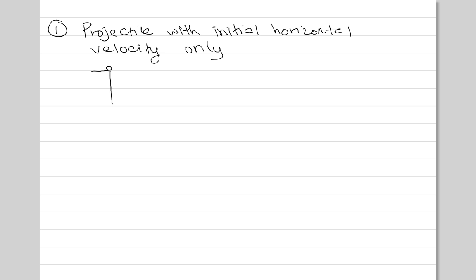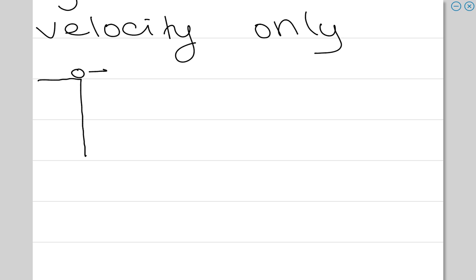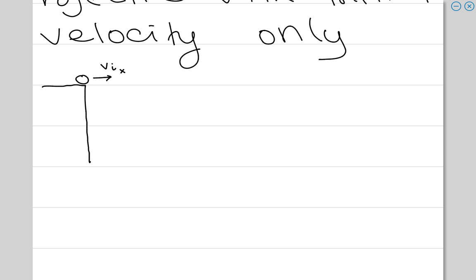And it has this initial velocity in x only. If you want to know what happens, just watch me push something off a table. It has this curved, what's called a parabolic shape.